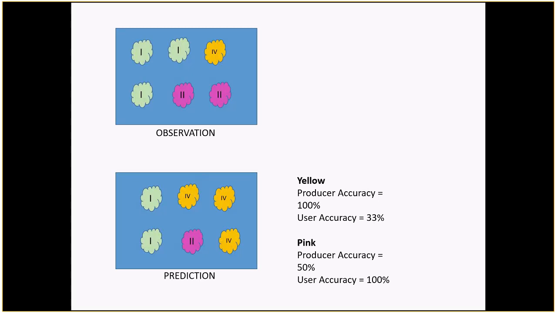So we want to really minimize that, and so our goal was to choose a model that had as high user accuracy as possible to minimize those conflicts, while still providing an acceptable level of producer accuracy.